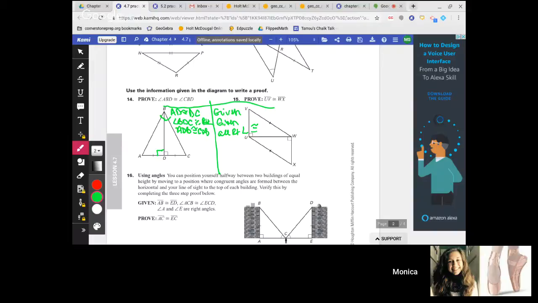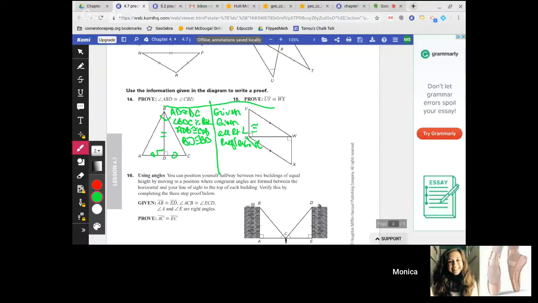So if we look at this, we know that they have one congruent side here. And then we know that they have a congruent angle. And then this side here we know is also congruent. And that is because of the reflexive property. Right?